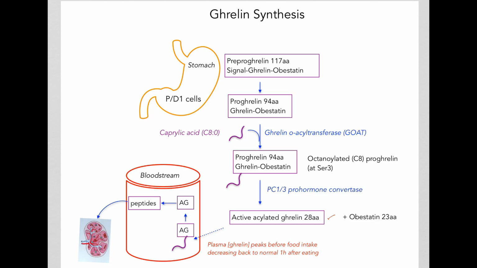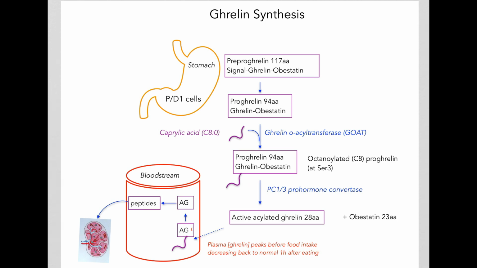This active ghrelin is then secreted by the PD-1 cells into the bloodstream. The plasma concentration of ghrelin peaks before food intake and decreases back to normal approximately 1 hour after eating.